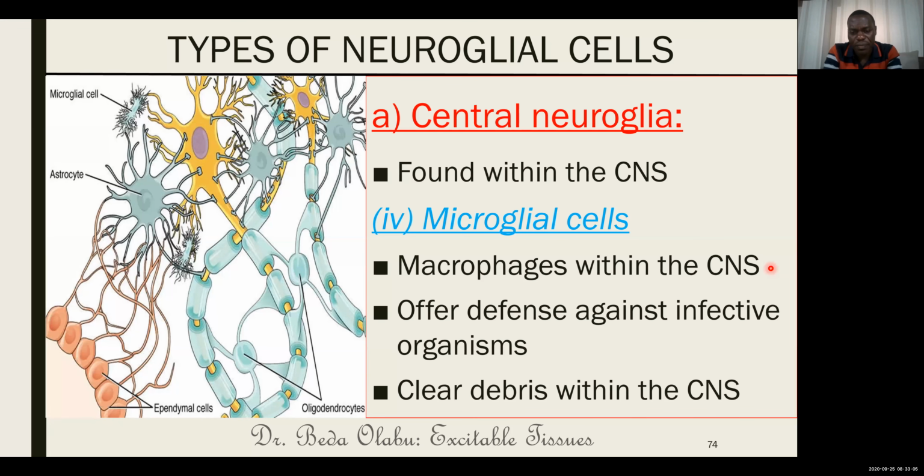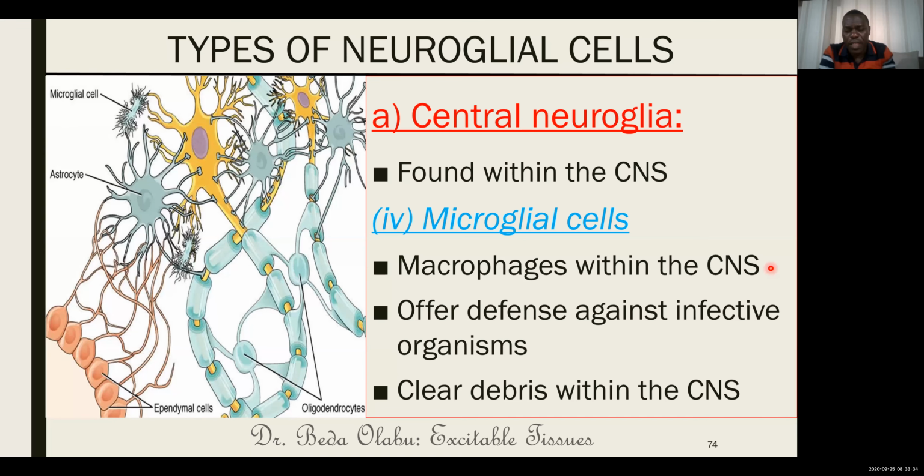Apart from that, because of their phagocytic role, the microglial cells can also clear debris within the central nervous system.